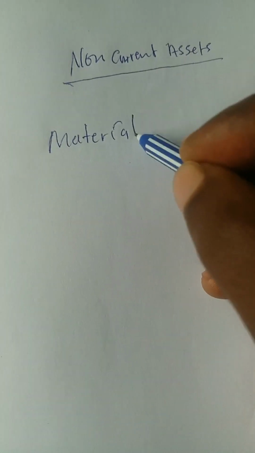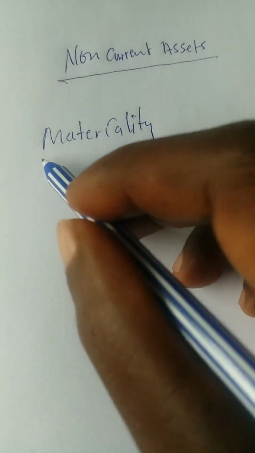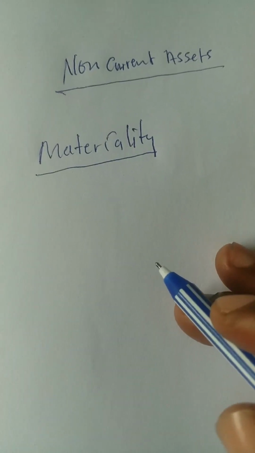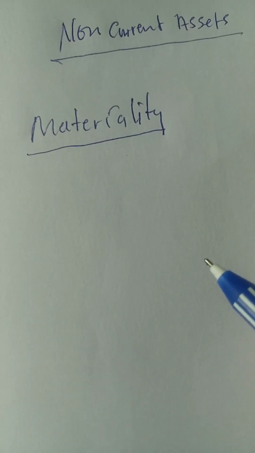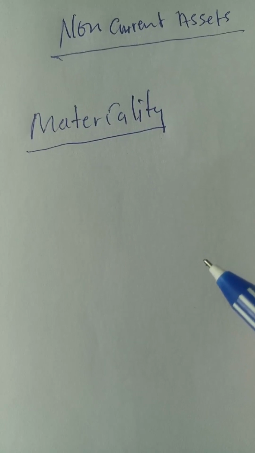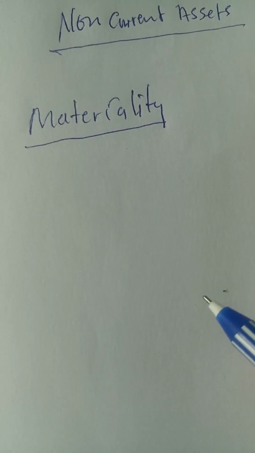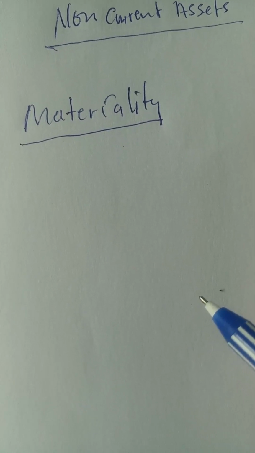The other important component I want to talk about is materiality. This measures the materiality of the assets that you have. Some of the assets may be too small to be accounted for. So materiality would define whether those small assets should be accounted for.